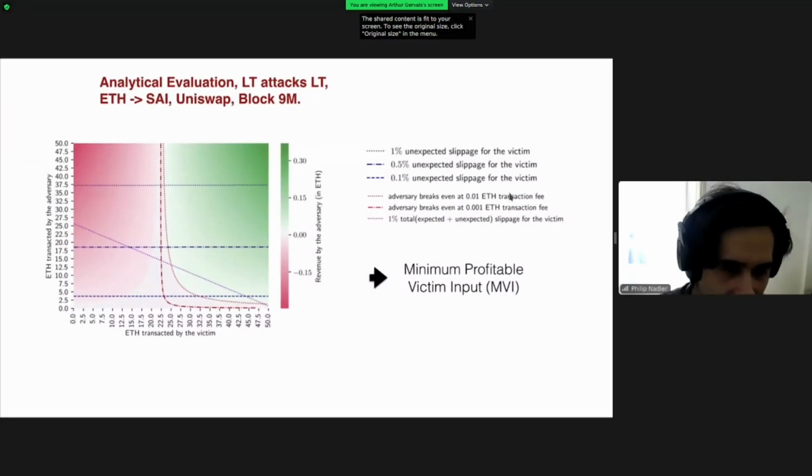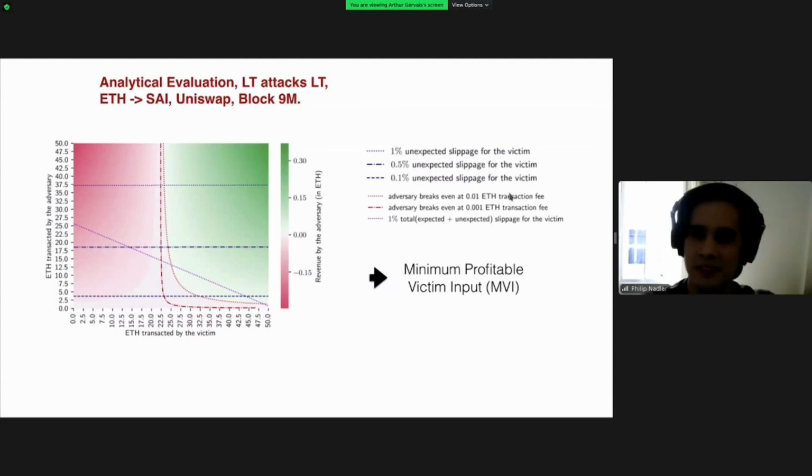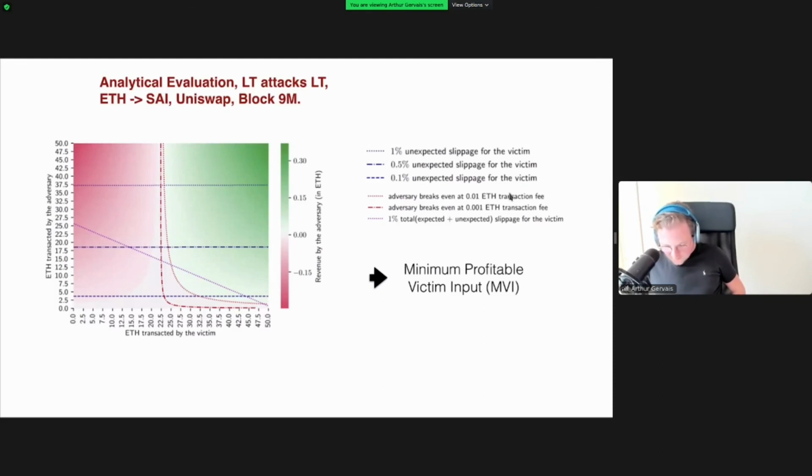It seems like if you go below the 20 threshold, you're less likely to make a profit. I think it mostly depends on the setting that you choose as a user, and the default setting of the UI that people are using, because most people probably don't actually know how to set the slippage, right?